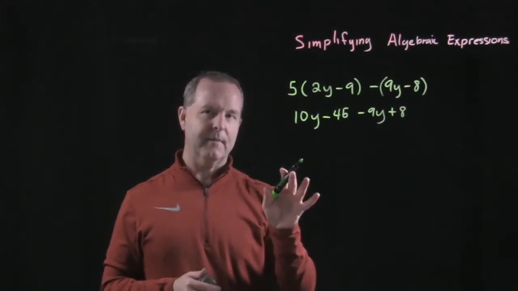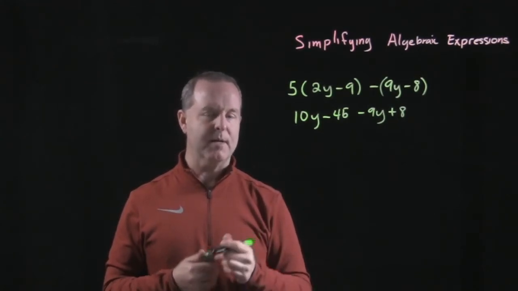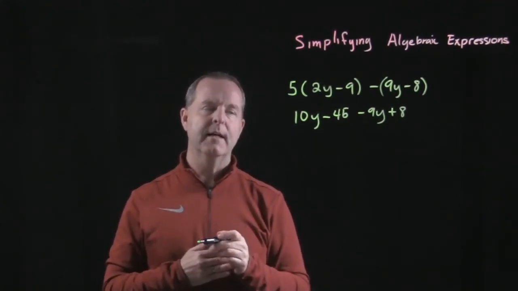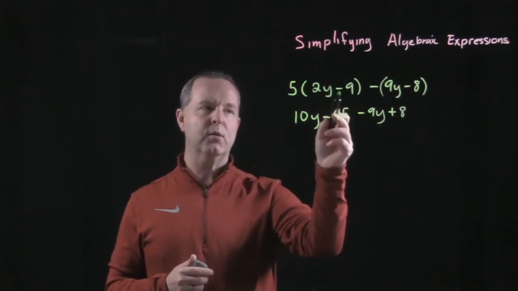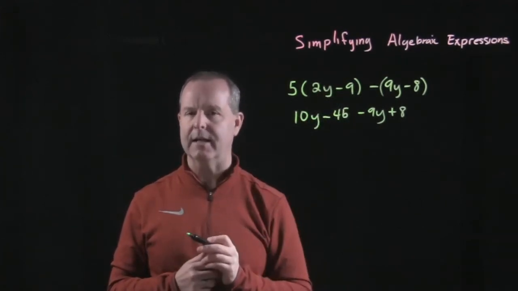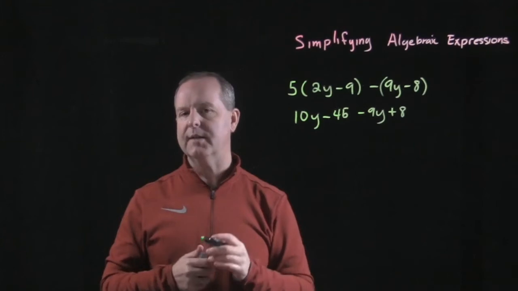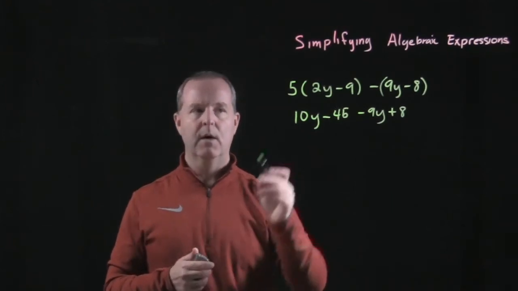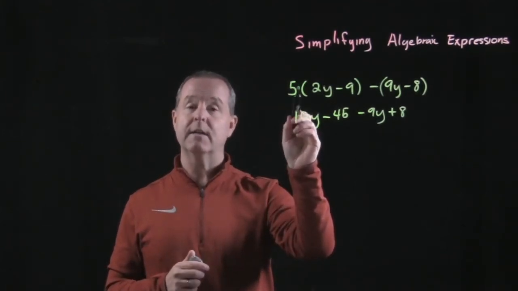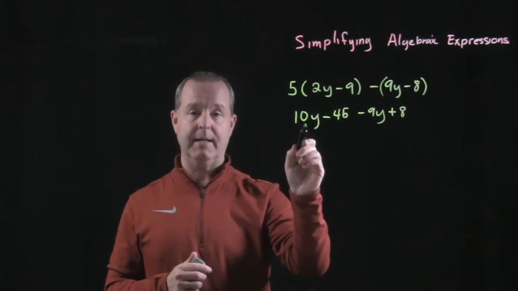One thing might be kind of hard to explain, but you might be wrestling with this, is that I go back and forth between saying a subtraction and a negative. And that's because they're essentially the same thing. When I distributed this 5, I could have distributed a 5 to the 2y, makes a 10y.